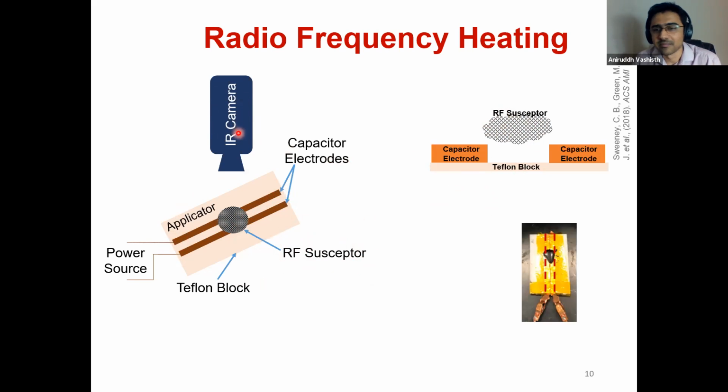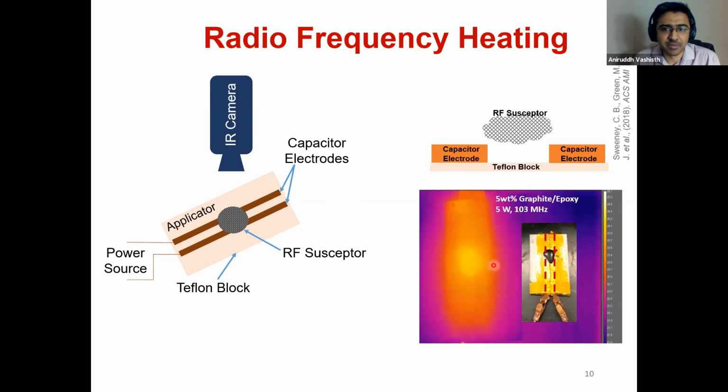You have an IR camera that looks at the heat signature. And this is pretty much what the IR camera looks at. Let's say you make a composite with just 5-8% of graphite and epoxy, and you use just 5 watts of RF power. Again, I'll remind you that our microwaves usually work at 1.5 kilowatts of power.